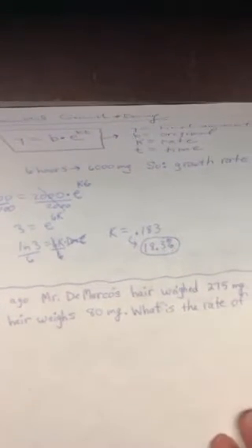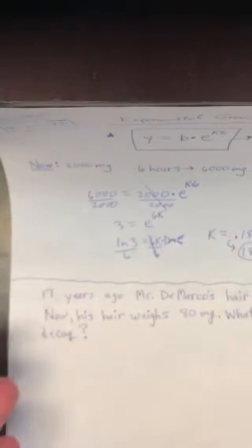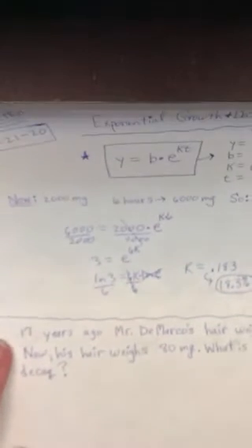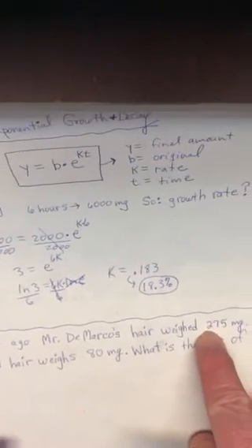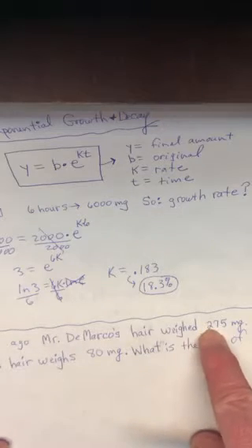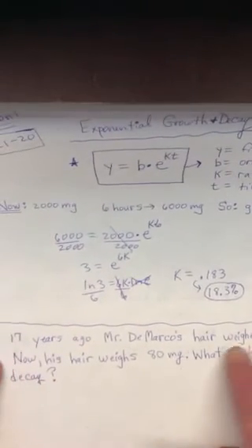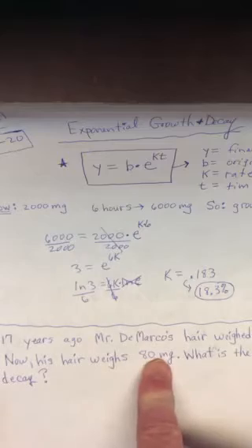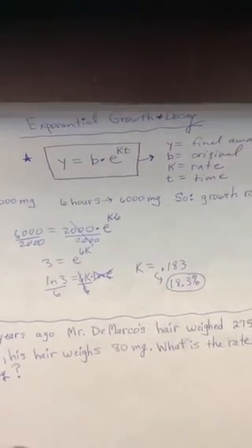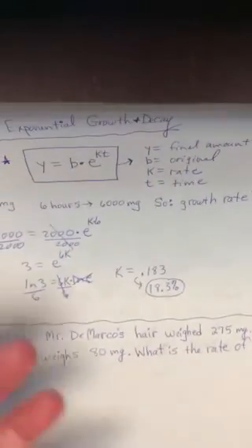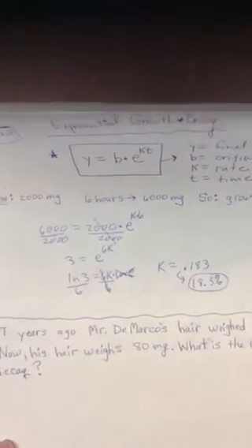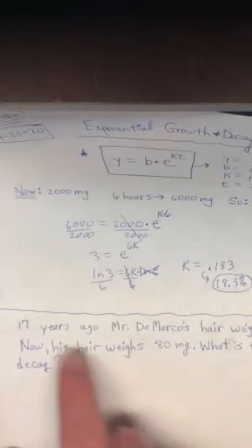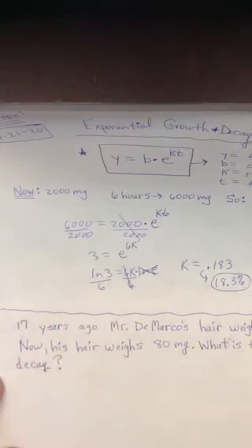So what's the rate of growth, or I called it decay, because obviously his hair weighed 275 milligrams before, 17 years ago, and now it weighs 80 milligrams. Oh my goodness. What's the rate of the decay or the growth rate of Mr. DeMarco's hair? All right, so you can just jot down little details that are important here.